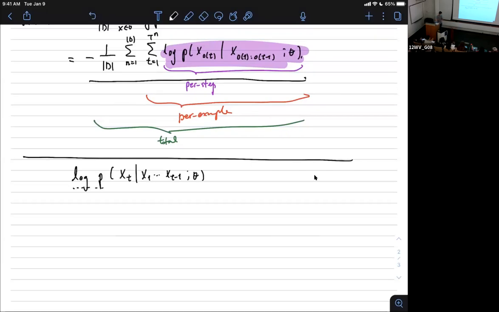We're just solving as many text classification problems as there are words in any given text. We look at the log probability assigned to the correct next word given the prefix, and then we sum all those scores, and we get a per sequence log probability.